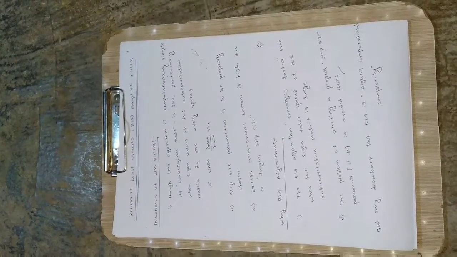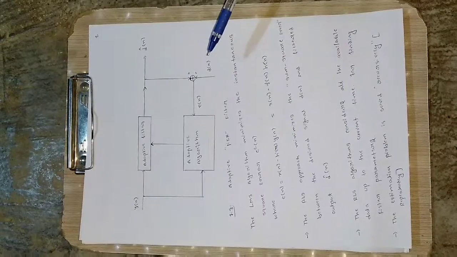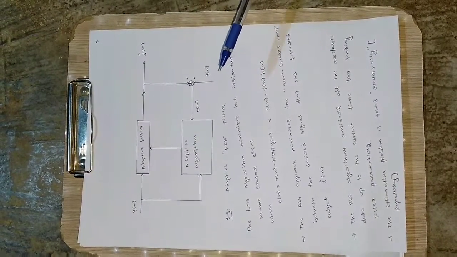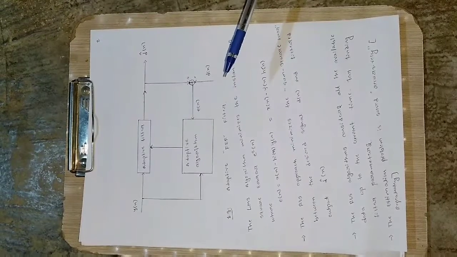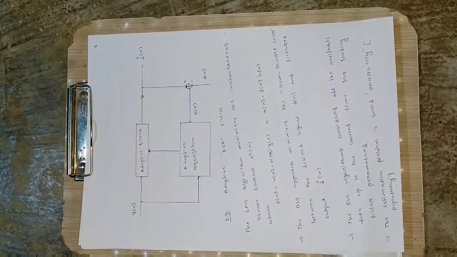Okay, all right, so this is the diagram for the adaptive FIR filter. FIR means finite impulse response filter, that is it is having only the present value, and past values are discarded here.